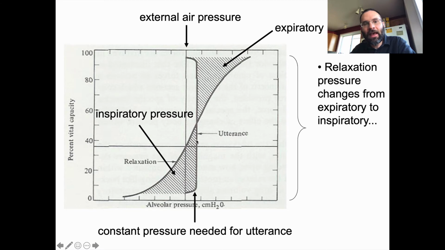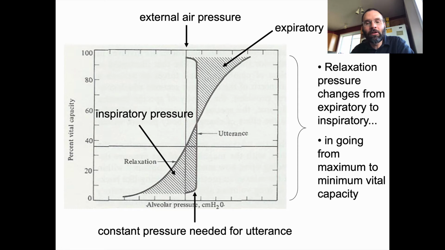So once you get past that equilibrium, which is a little bit higher here because we're keeping the airflow out of our lungs constant, the lungs are going to want to go back to being bigger. Here they want to be dramatically smaller. Here they want to be bigger. Here they want to be dramatically bigger. So relaxation pressure changes from expiratory to inspiratory when you go from the maximum to minimum vital capacity.